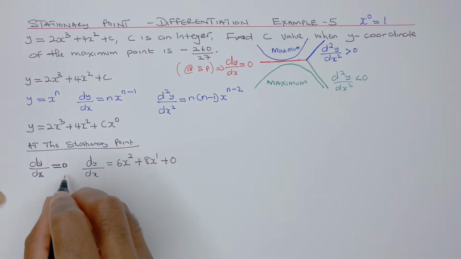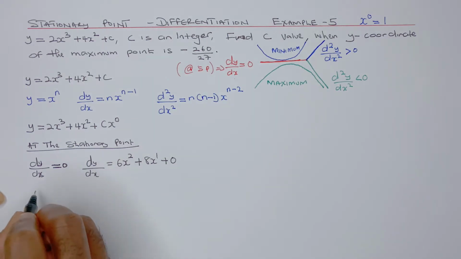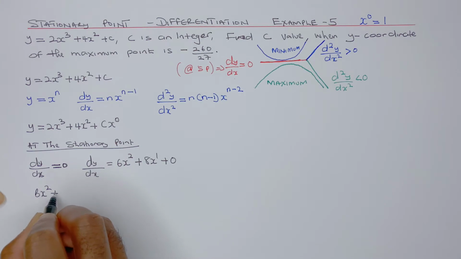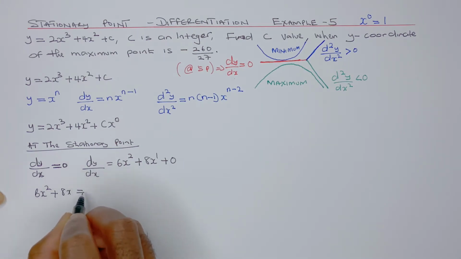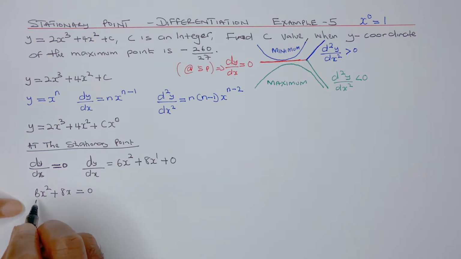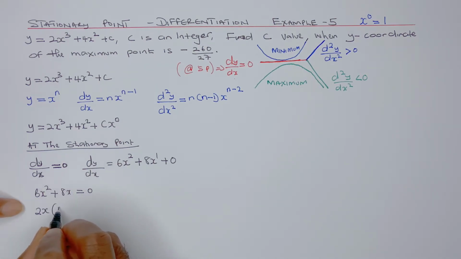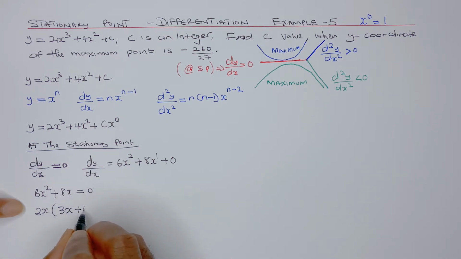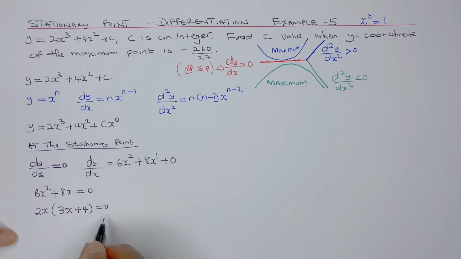So now we need to set dy/dx to 0. That means 6x squared plus 8x equal to 0. There's a common factor here, 2x. 2x, open bracket, 3x plus 4, equal to 0. Now at this point, I have to set 2x to 0 and 3x plus 4 to 0.